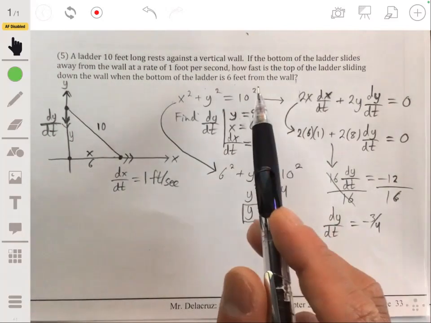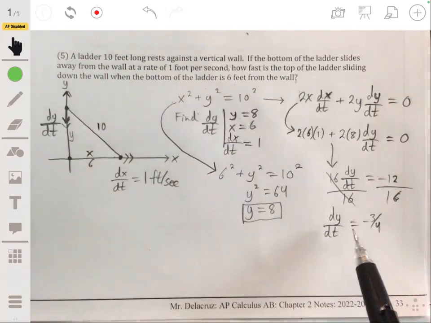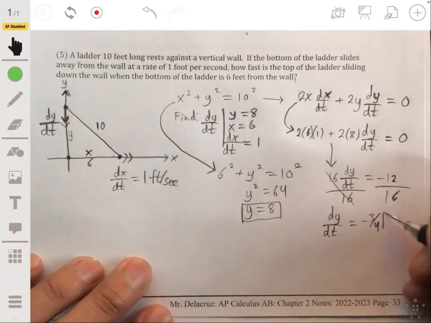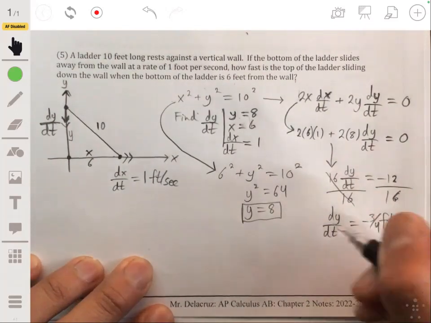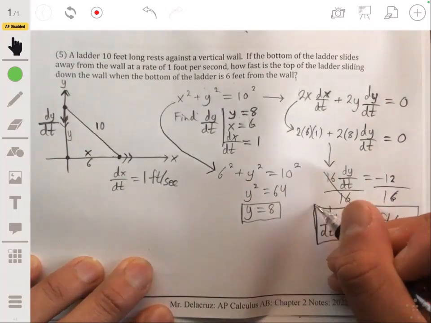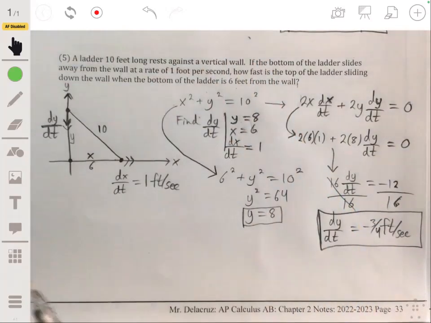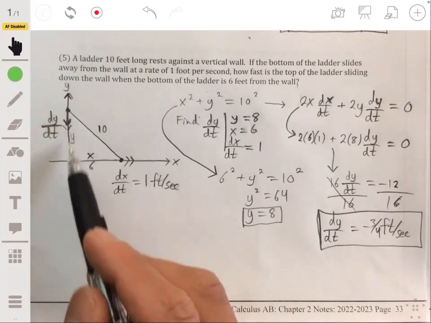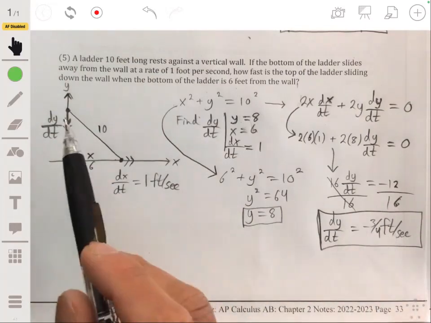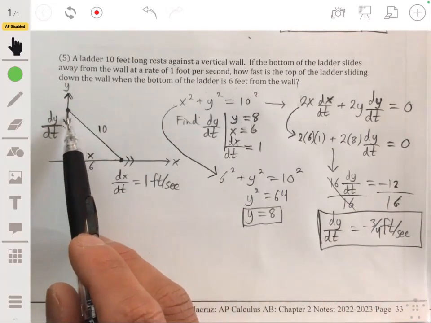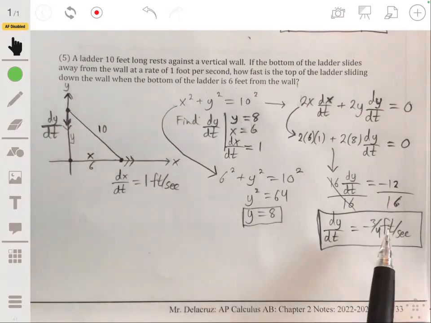And using the proper units, we're going to say that it's negative 3/4 feet per second. Remember, that negative talks about the direction that the ladder is moving. So this would make sense because it's saying the ladder is moving in a negative direction at a rate of 3/4 feet per second. And there you go. That's all there is to it.